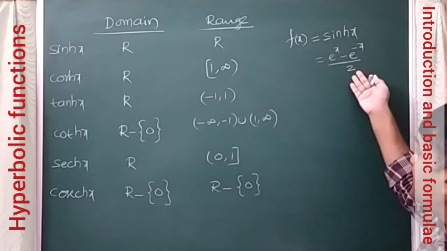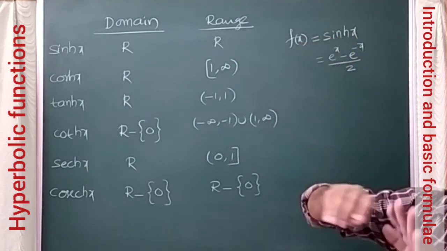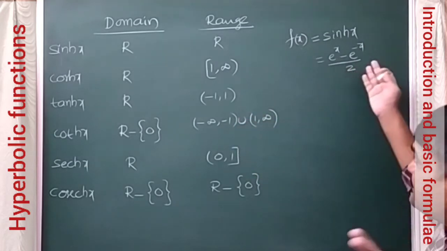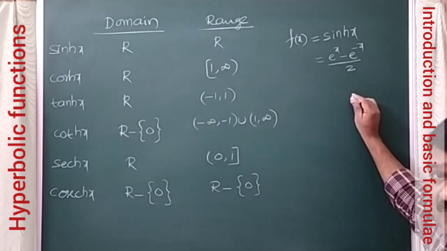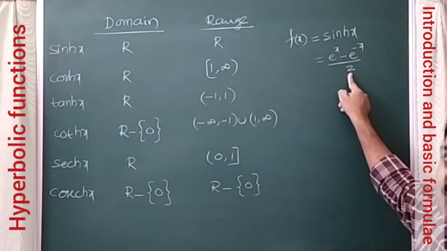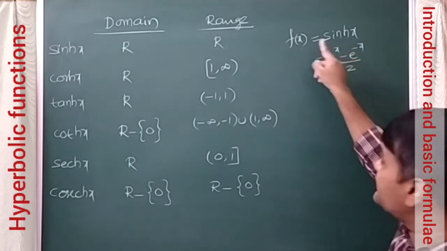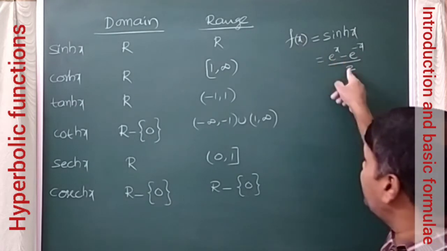So we can clearly see that this function has no problem with any x value. Whatever x value you take here, the function is always defined. That means f of x is defined for every real value of x. That means x can be any real number.